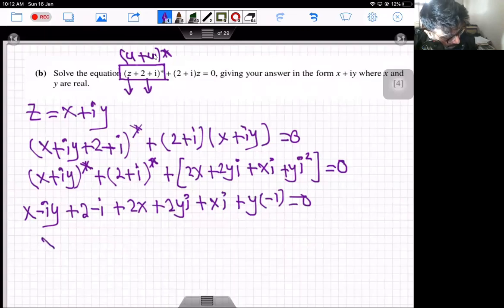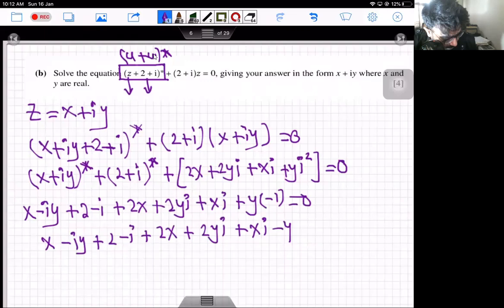So x minus iy plus 2 minus i plus 2x plus 2yi plus xi minus y is equal to 0.